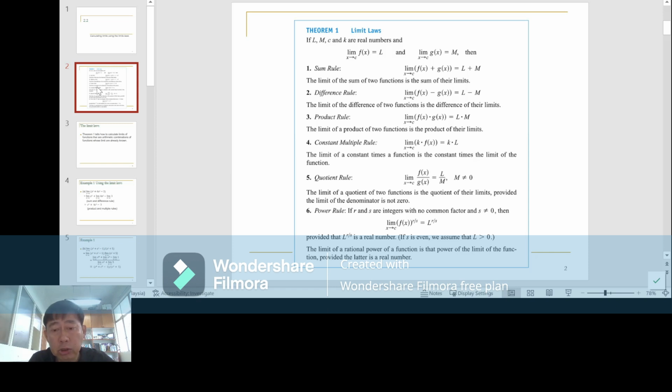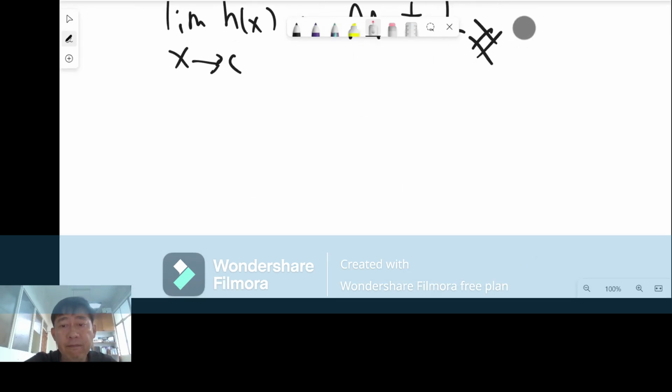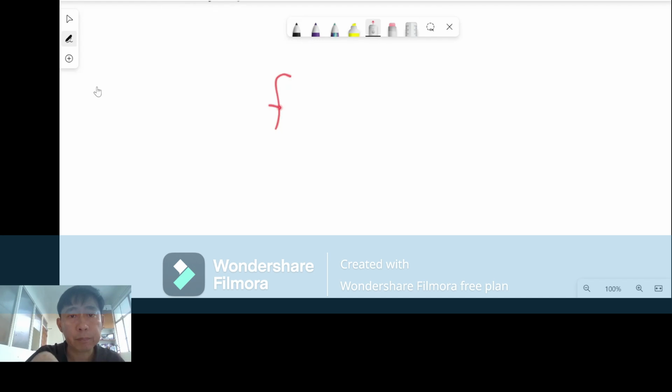That is, you assume that for some function f, the limit of this function is known.